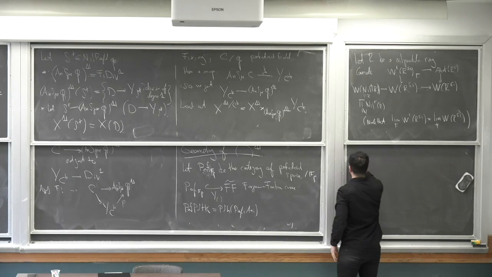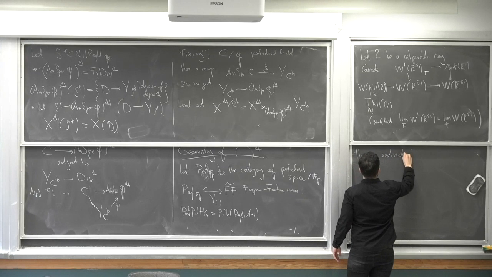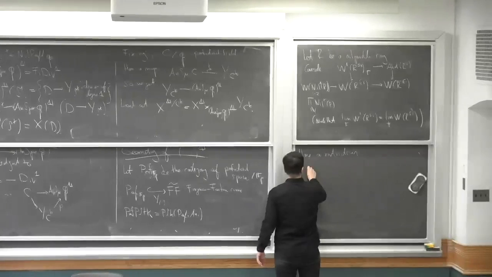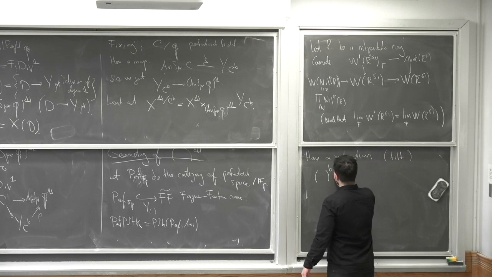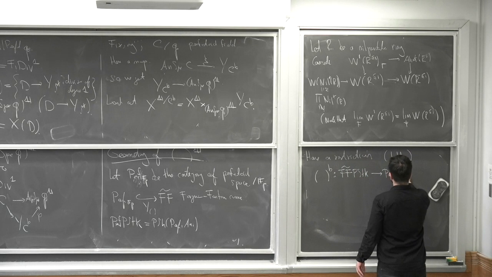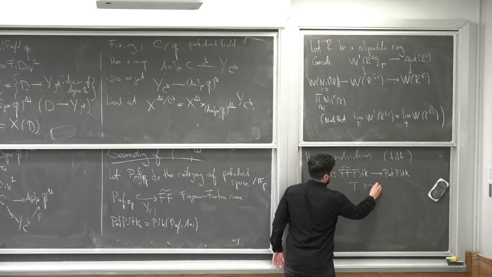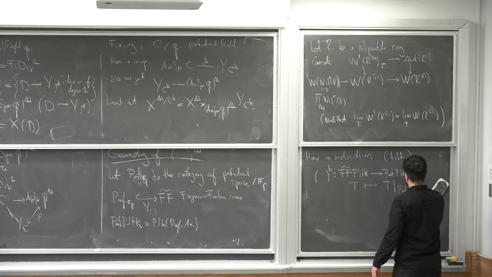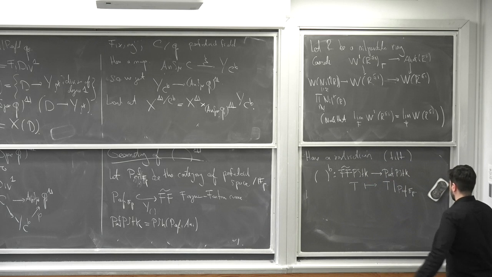So again, we have a restriction functor that I'm going to call the tilt, from this category of Fargues-Fontaine stacks to this category of just perfect stacks. Basically it's an object with a restriction to perfectoid spaces, and you can restrict to the category of perfectoid spaces.